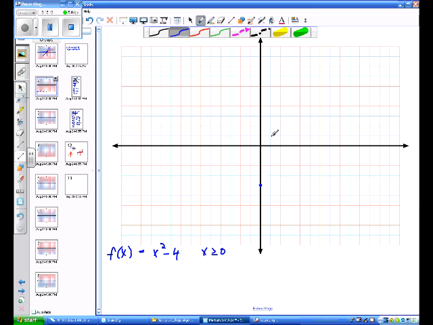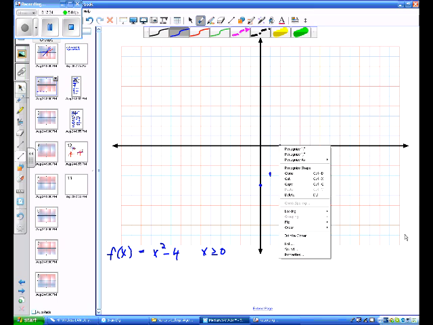We would have the point (1, 1), since 1 squared is 1, and then move it down 4: 1, 2, 3, 4, and be at negative 3. We have the point (2, 4), and then we would go down 4.